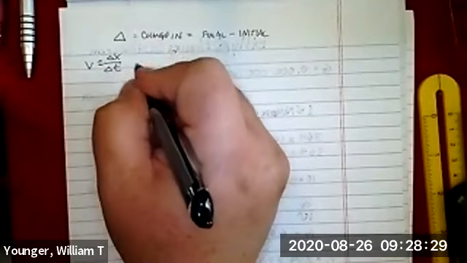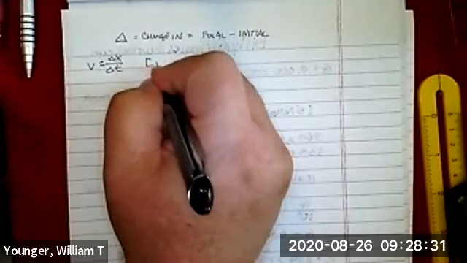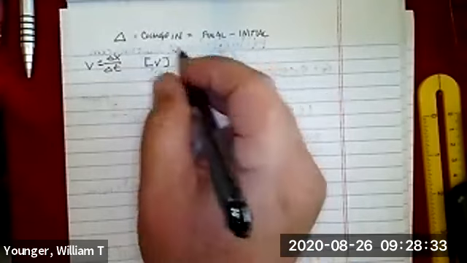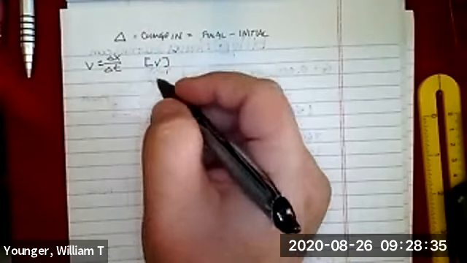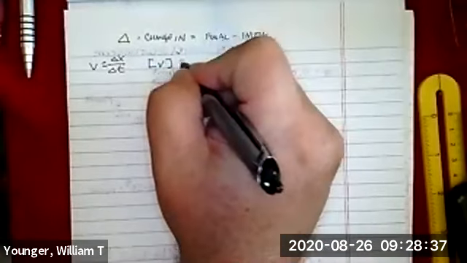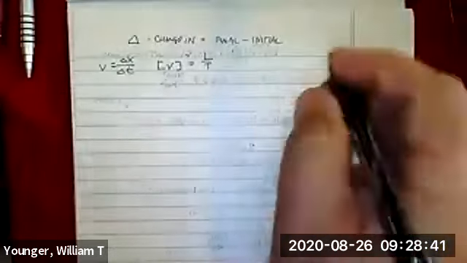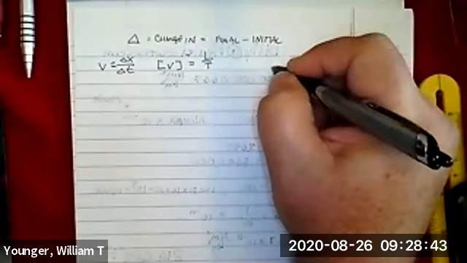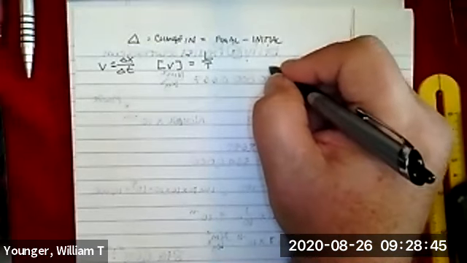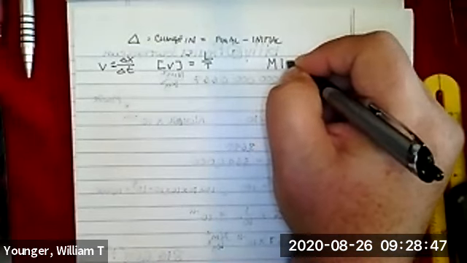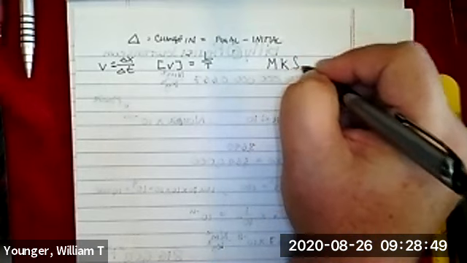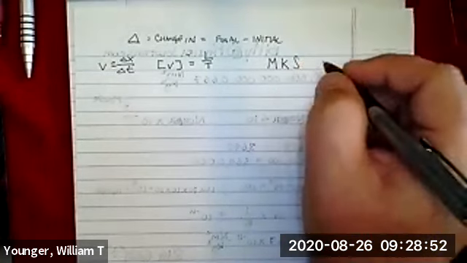distance divided by time. So what I say is dimensionally, and I put square brackets around it, that means I'm not caring about the numbers, I'm just caring about the units. Dimension should be equal to the unit length over the unit time. So remember, according to the SI system, we're dealing with the MKS system, which means meters, kilograms, seconds.